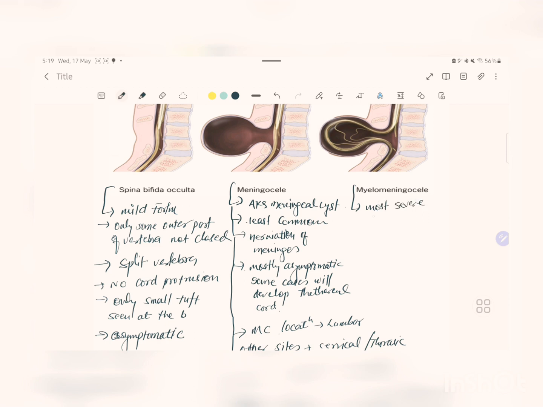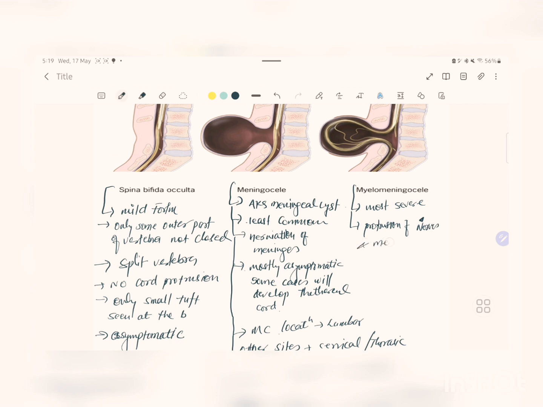It's the most severe form of congenital anomaly of the spine. Why is it more severe? Because the cyst is not simple like that of the meningocele. This cyst contains meninges and protruded nerve roots. We can see the nerve roots protruding in the cyst.